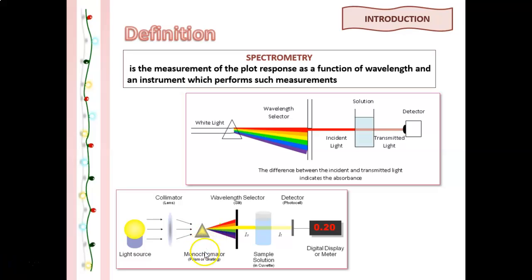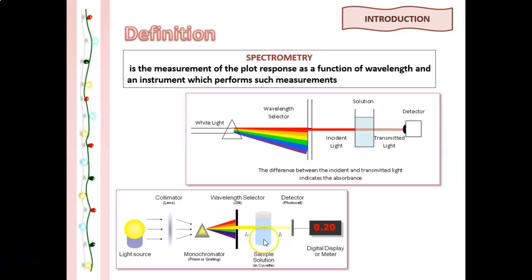In UV-Vis, the prism we call the monochromator, and the wavelength selector, also called the slit, is used to produce the incident light to the sample solution in the cuvette. The square is a cuvette, the place where we put our solution in.